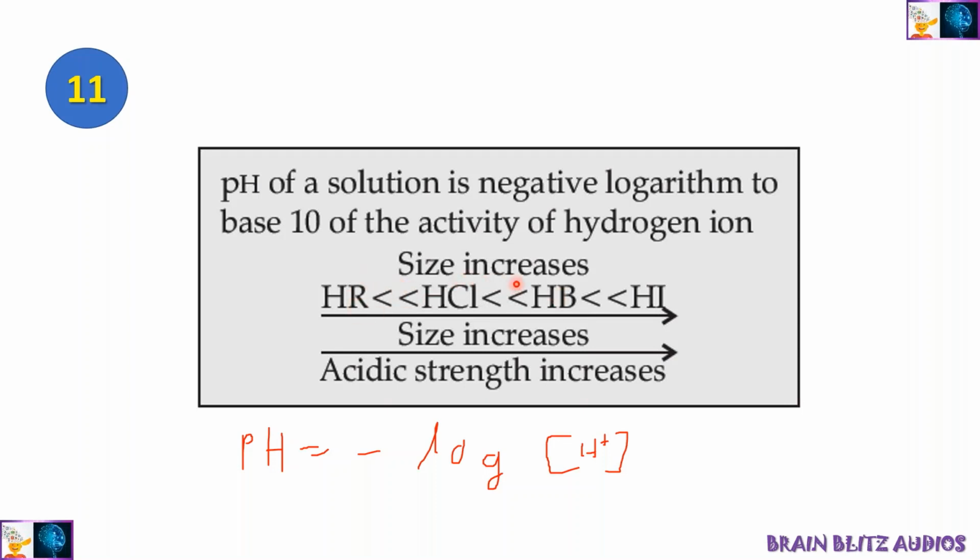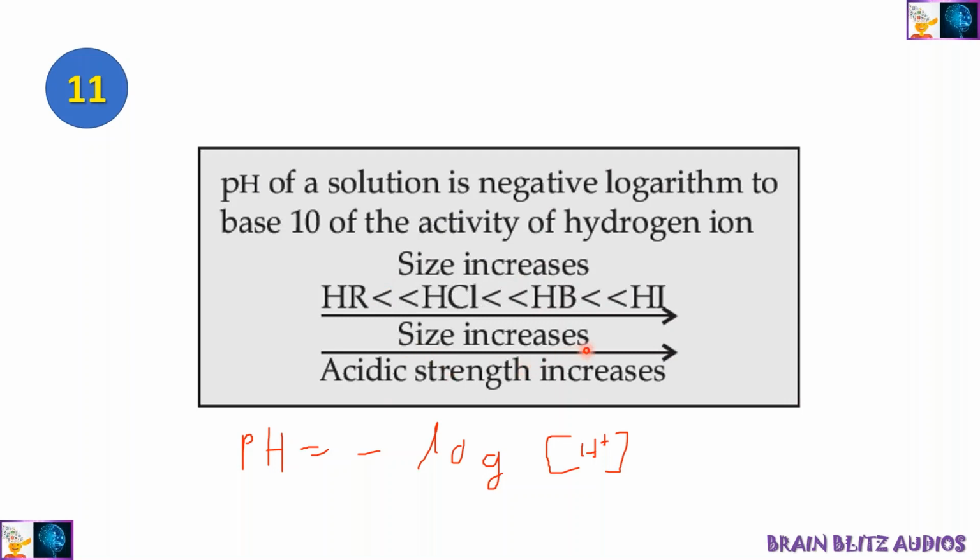The size of these increases. HF is very much less than HCl, is very much less than HBr, is very much less than HI. Now F and Br stand for other elements. It may be other halogens, it may be some other elements as well.